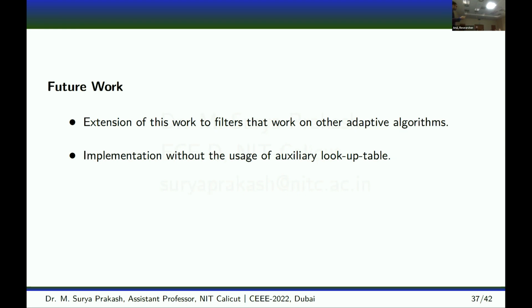If we are able to eliminate the usage of this auxiliary lookup table, there is some chance of reduction in chip area. So that's the reason our future work focuses on implementation of these two.